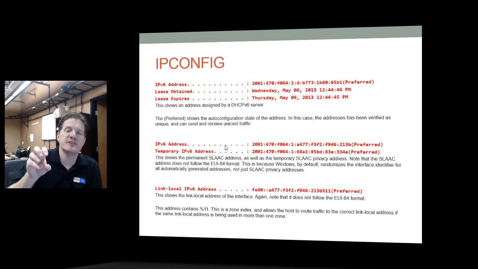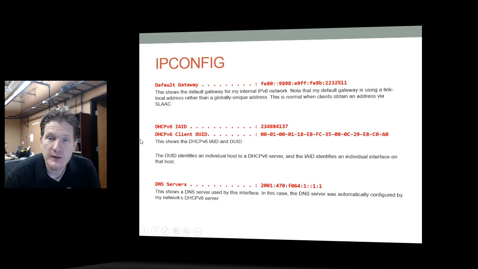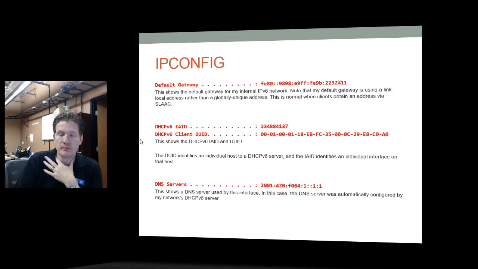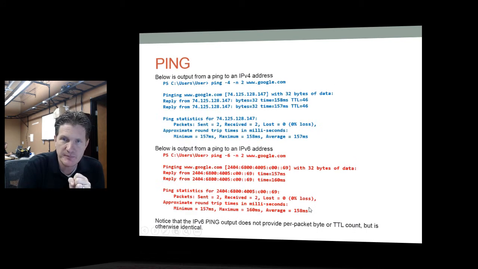So it knows that this is zone 11, which is probably the local zone, right? You also can see what your default gateway is. You also saw in your IPv6 address what your DUID was, your DHCP unique identifier. And so that was in there. And you can also see what your DNS server was that was assigned.